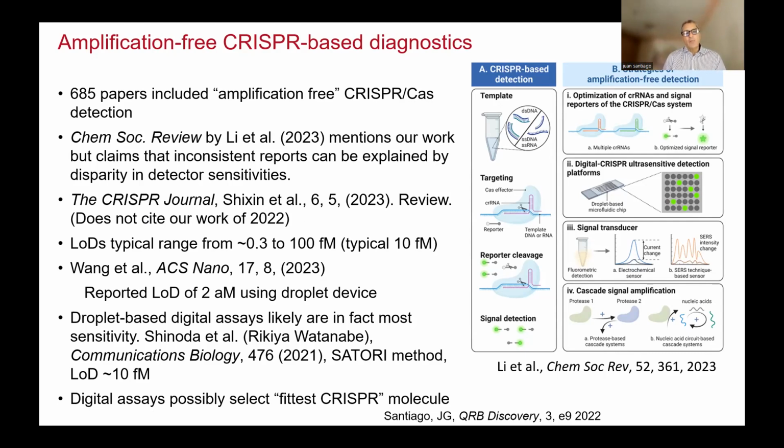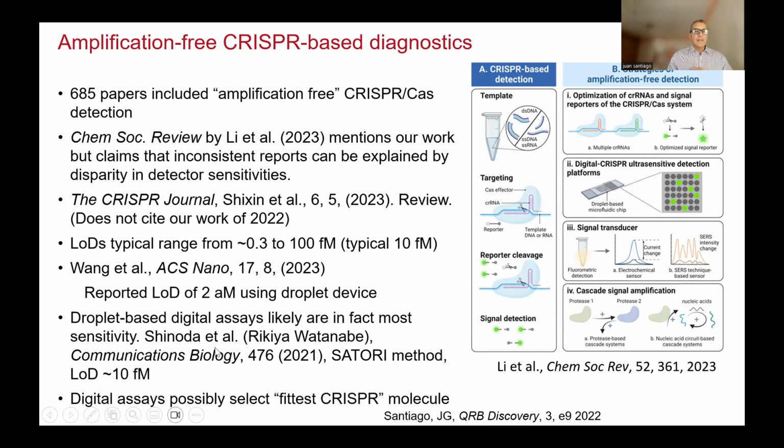And to date, what we think is actually the most sensitive and probably the best paper for sensitive assays using CRISPR is this work from RIKEN, which is a national lab in Japan, specifically the lab of Rikiya Watanabe, who published a single molecule digital assay, which looks like it has around 10 femtomolar sensitivity.